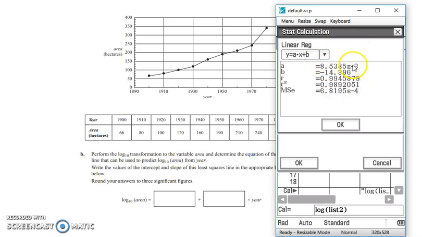That e to the negative 3 means times by 10 to the negative 3, so we're moving back. This value here in my case is my b value, my y-intercept, which is minus 14.396. The question asks for three significant figures. So three significant figures would be minus 14.4, since the 9 rounds the 3 up to a 4.